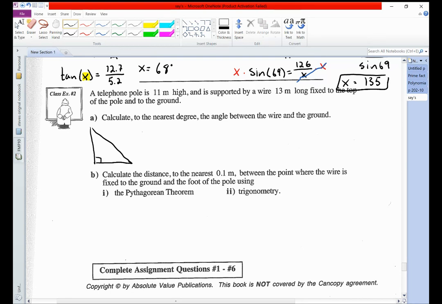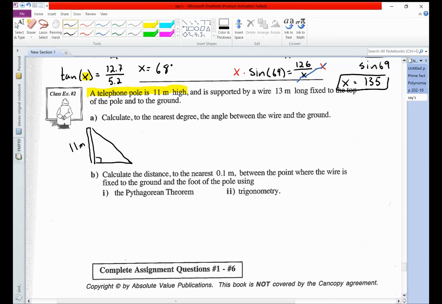Now we have to use the information in the question to figure out which sides we're supposed to be labeling where. So the first one says a telephone pole is 11 meters high or 11 meters tall. I would assume that in my triangle, if there was a telephone pole, it would be right here. So this side would be 11 meters.